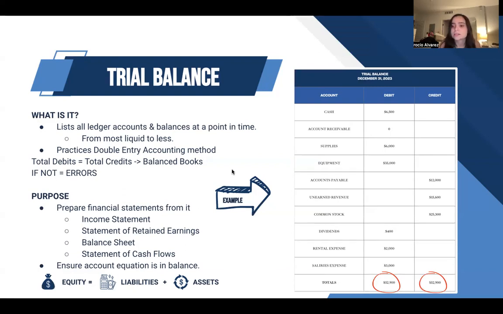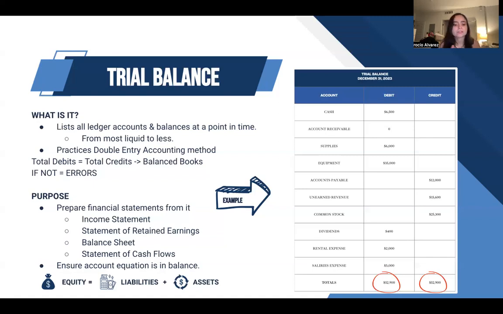The trial balance practices the double entry method that we spoke about before, and it's supposed to balance your debits and credits. So if you sum up all of your debits and you sum up all of your credits, they must be equal. If they're not equal, that means that there are errors and your books are not balanced. So we would have to go back into our trial balance sheet and see where those errors could be.